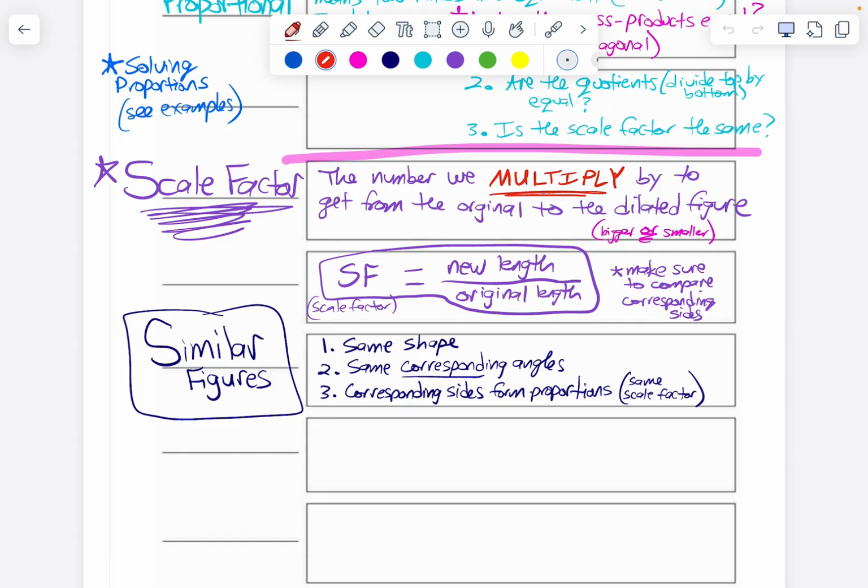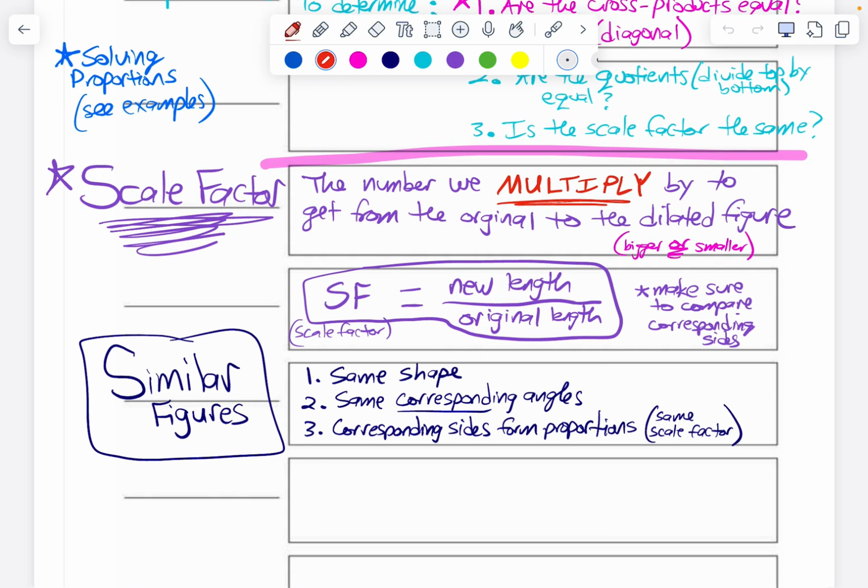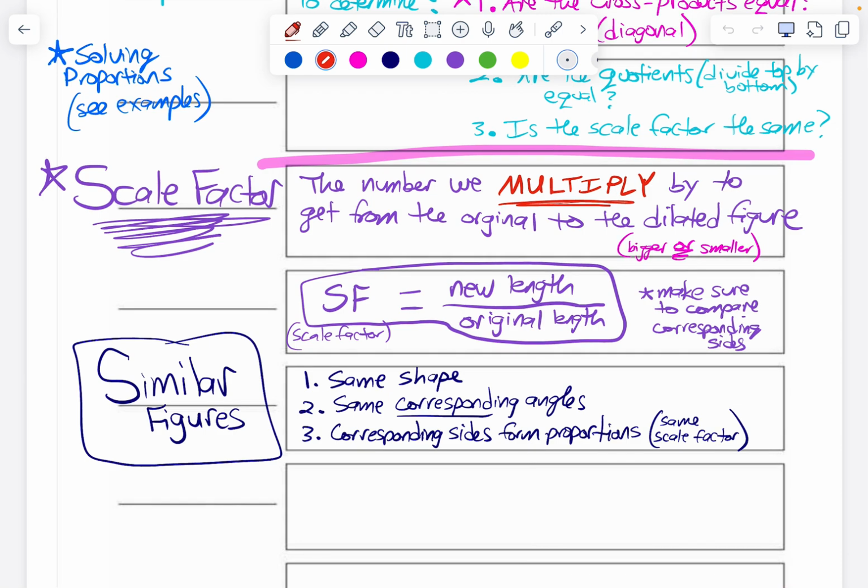In other words, angle measures don't change, just side lengths. And those side lengths change in a predictable way based on proportional relationships. That proportion can be written as a scale factor. And we said new to old, or new to original, will allow you to solve for that scale factor if needed.